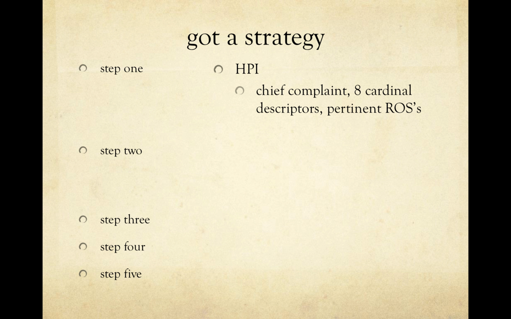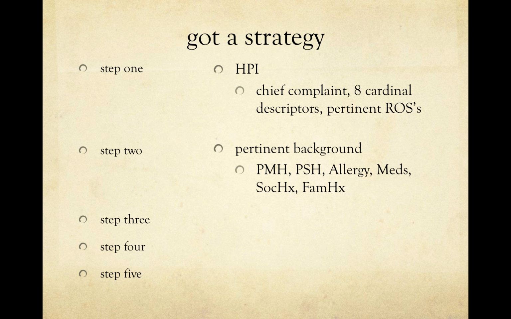You're probably going to add any pertinent reviews of systems that help to clarify the chief complaint. Then you're going to get any background history information that you think will add to your understanding of the patient and their complaint: past medical, past surgical, allergies, medications, social history, family history, whatever you think is appropriate.